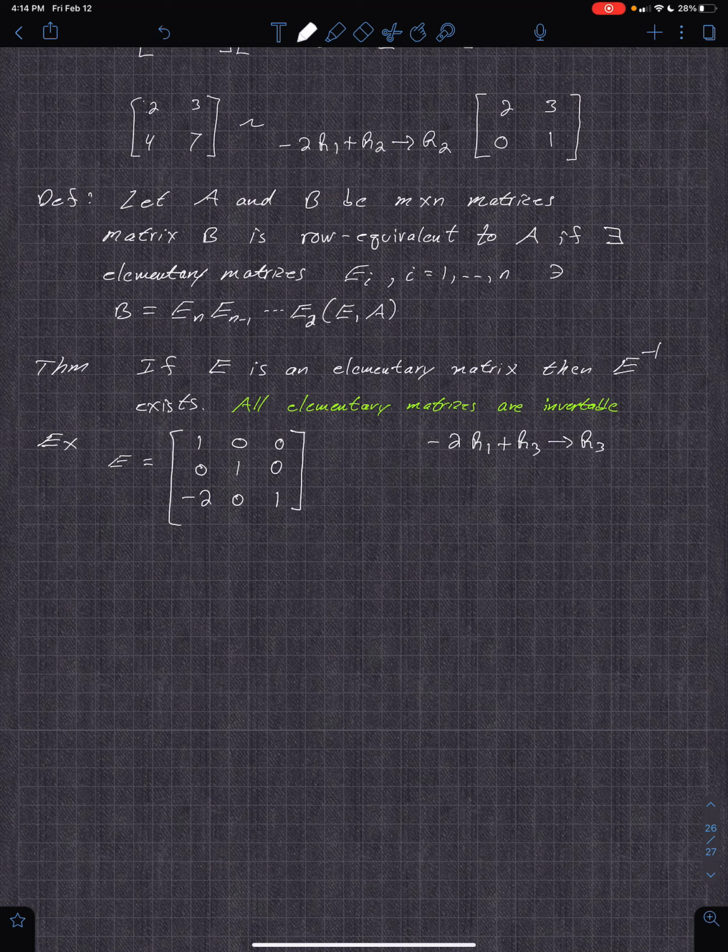Okay, verify that. The question is, is the inverse this? 1, 0, 0, 0, 1, 0, 2, 0, 1.